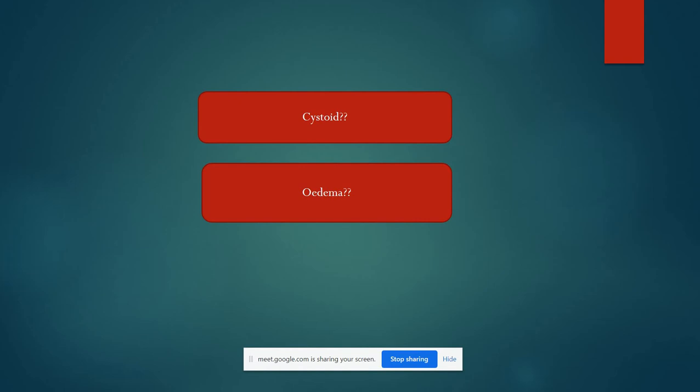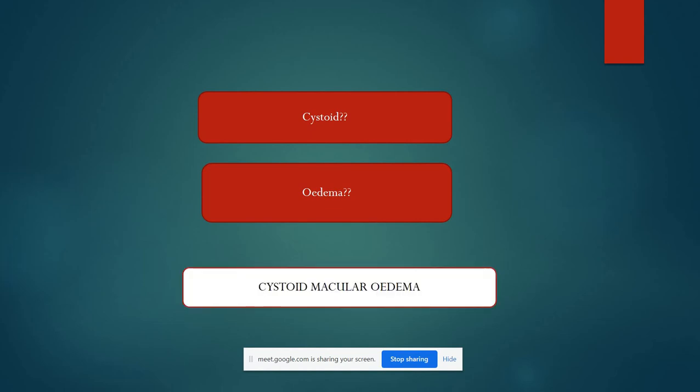It might be either fluid filled or not fluid filled. If it is cystic edema, it is an edema which has a fluid space, which is a cyst. That's why it is called cystoid macular edema. This is how we name it. Cystic is spacious.